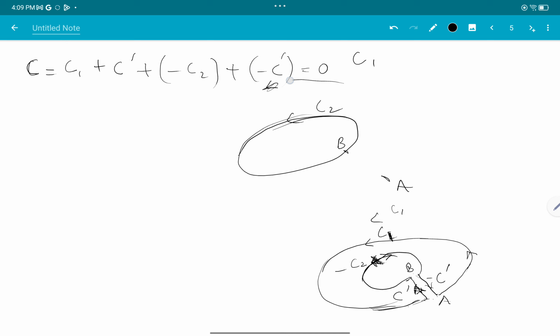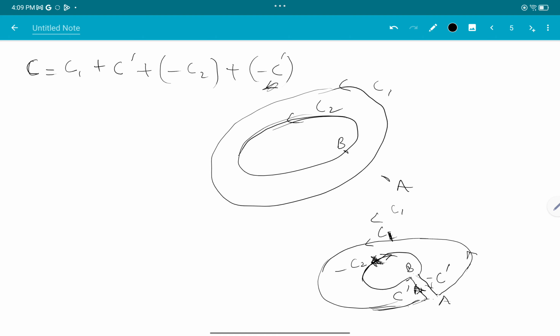This was our original situation, C1, C2. This is the total path available with us.